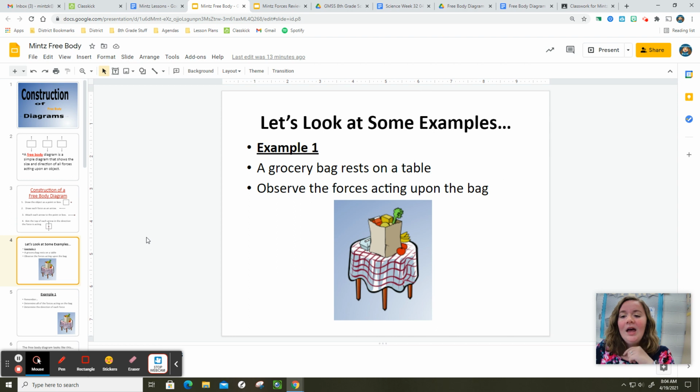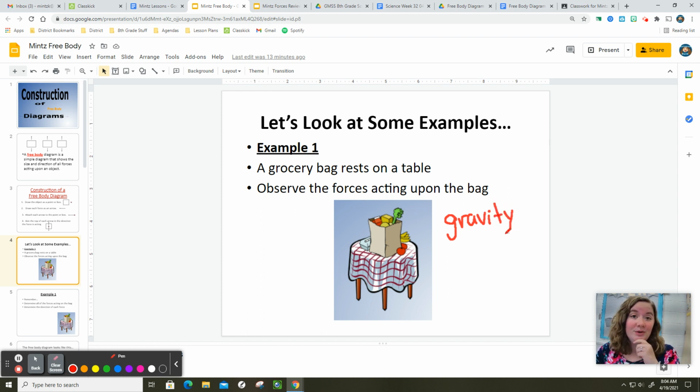Example 1: we have a grocery bag that rests on a table. If we're observing the forces that act on that bag, well, gravity, right? We always have gravity. Now if you did your force notes from yesterday, you will also know that if just gravity was acting on it, then it would be accelerating towards the center of the earth, and it would squish through that table.